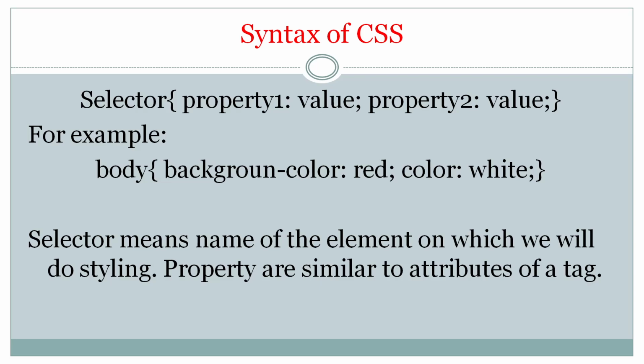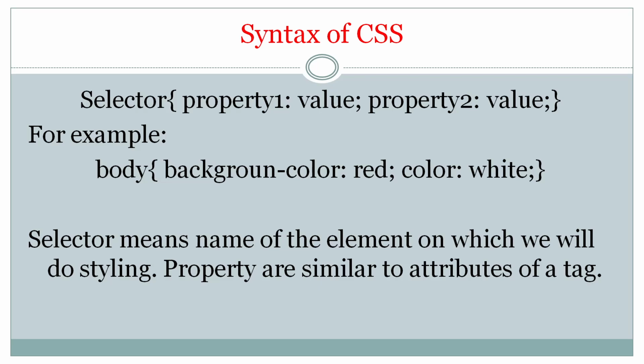Suppose we want to do decoration for a paragraph, so in place of the selector we will write p. Properties are equivalent to attributes of a tag. Like if I want to change the text color, then we write color colon, then the value, whatever color we want. And you might notice that when we write a tag and attribute, there we use the equal sign.